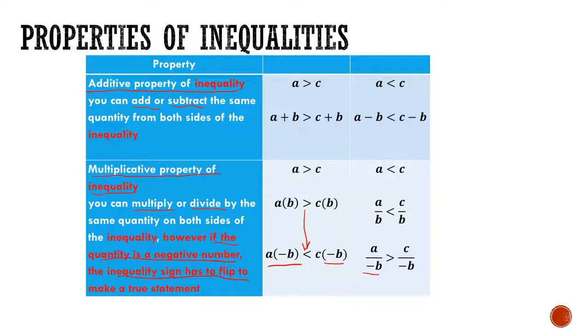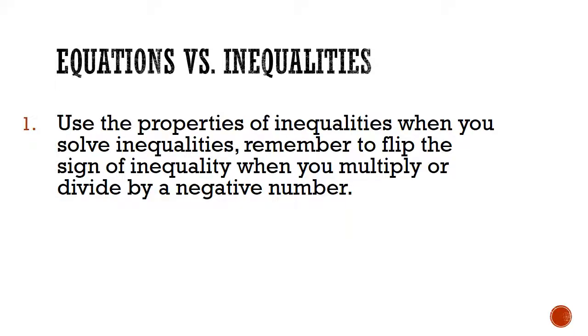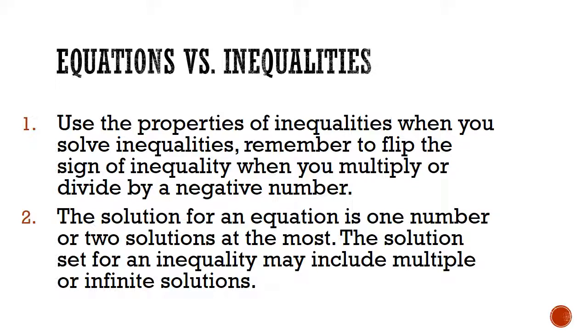Here we are dividing by a negative number, that's why the inequality sign flipped to make a true statement. So what exactly is the difference between solving equations and inequalities? We use the properties of inequalities, which means we have to remember to flip the sign of the inequality when we multiply or divide by a negative number. And the solution for an equation is one number, or two solutions at the most, while the solution for an inequality may include multiple or infinite solutions.